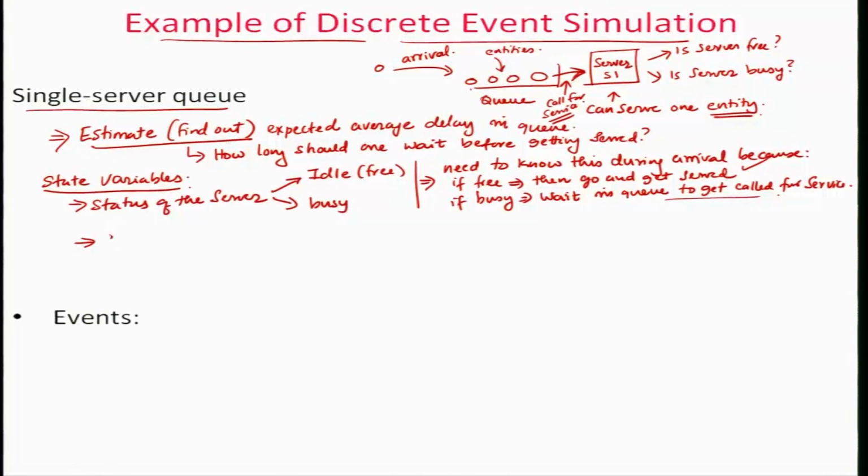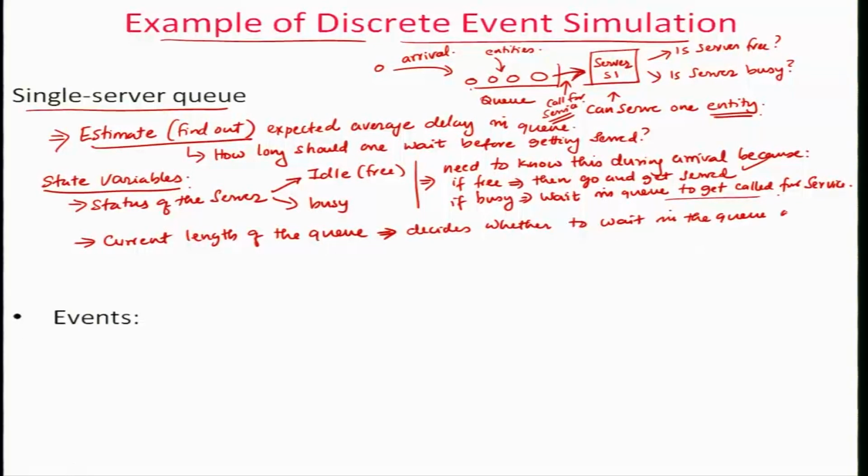Then the other aspect is the current length of the queue. You need to know this because it decides whether to wait in the queue or leave without being served.